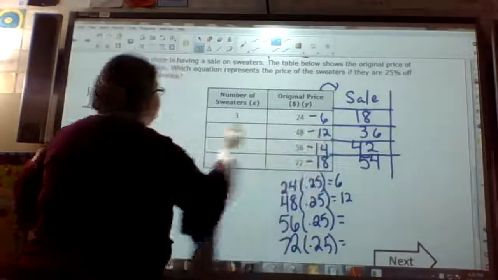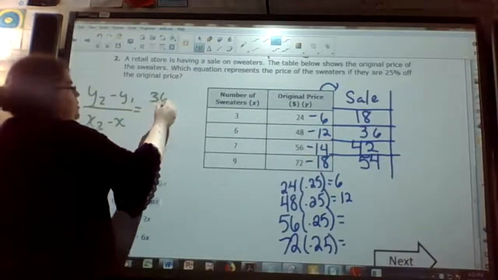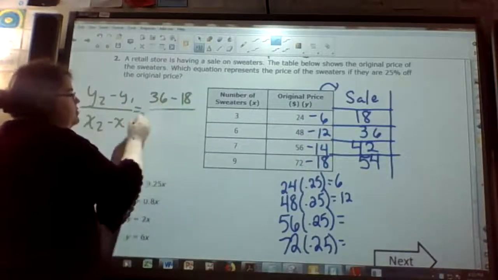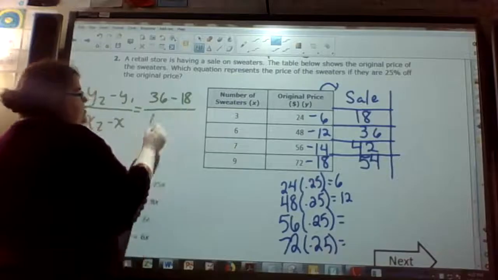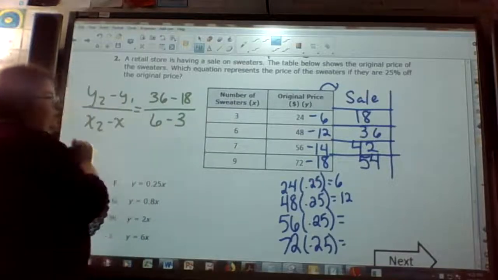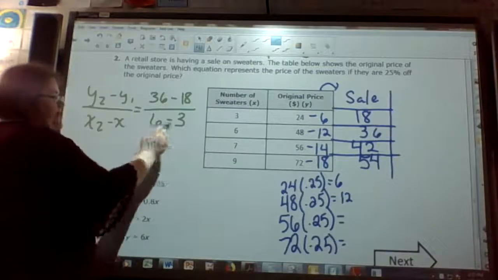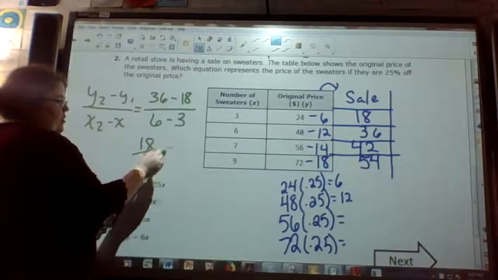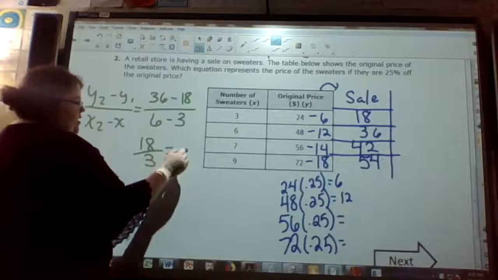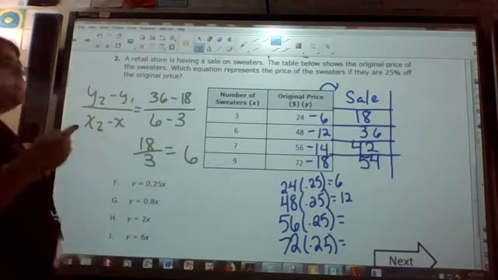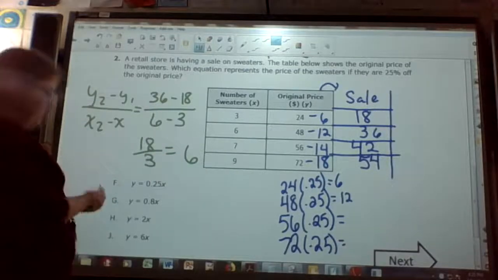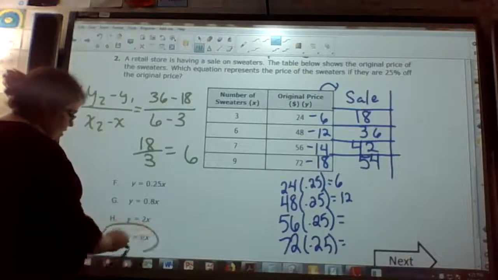So my y2 would be 36 minus 18, 6 minus 3. So 36 minus 18 is 18. 6 minus 3 is 3. 18 divided by 3 is 6. That means I'm multiplying by 6 to get my sale price. So that would be J.